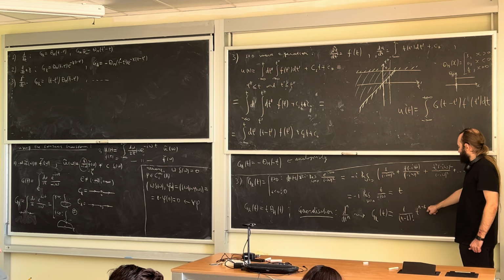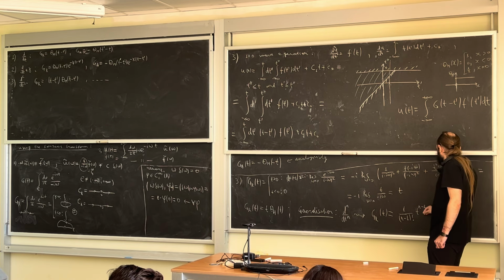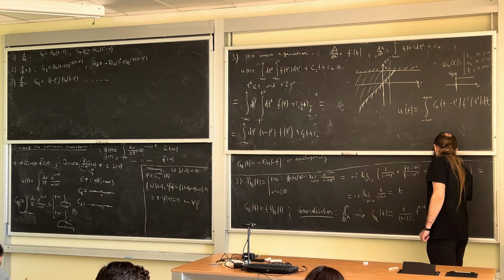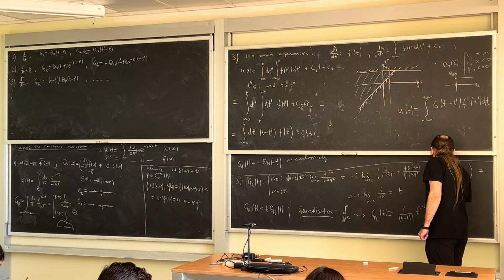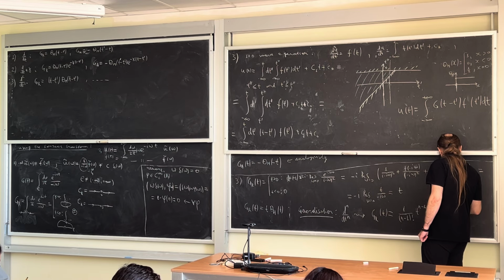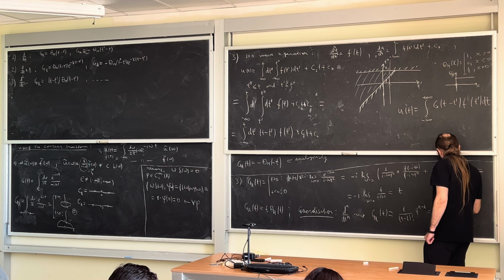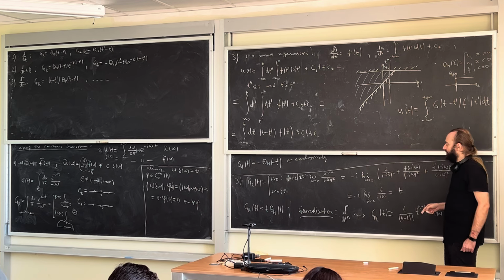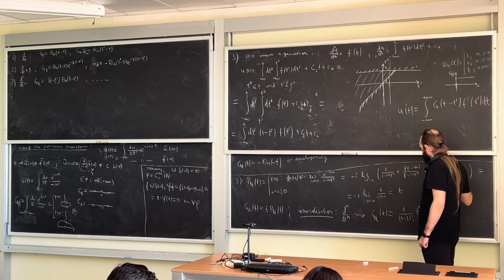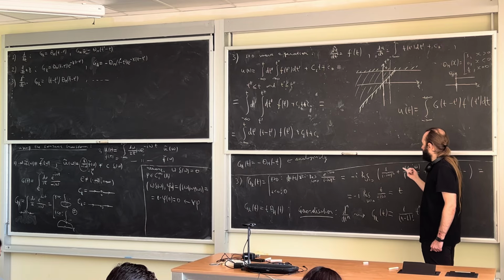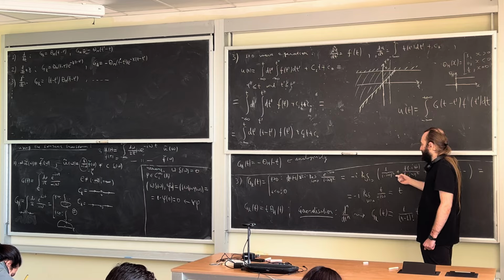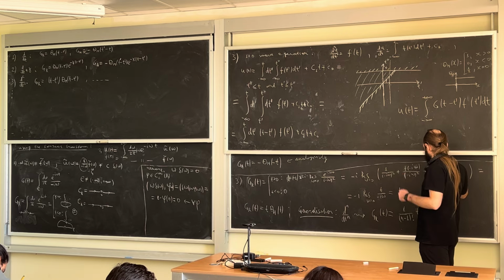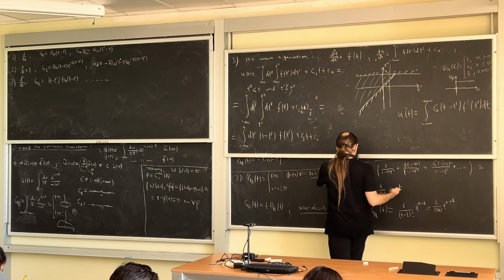So in principle, we can extend this by saying that it is 1 over gamma of n times t to n minus 1. But we can also define this for the fractional derivative, because no one can stop us from considering an image which equals minus i omega to the power alpha for arbitrary alpha.